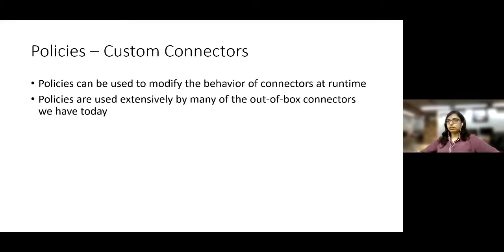Policies are already being used by the out-of-box, pre-built connectors which we already have in Power Automate or Power Apps. The way the pre-built connectors use policies, the custom connector can also use policies to provide runtime values.